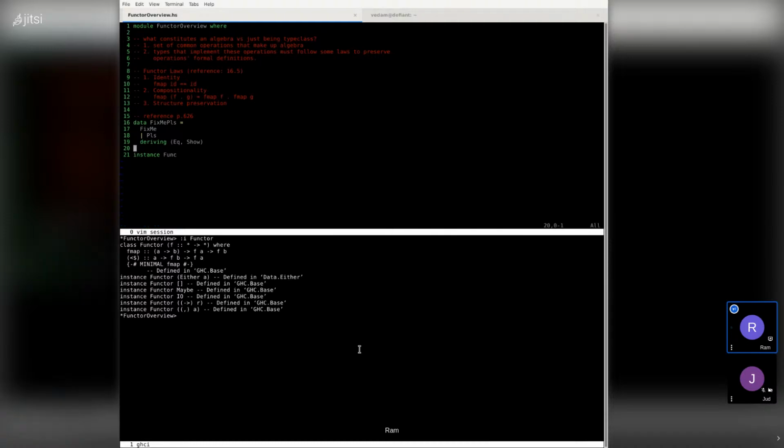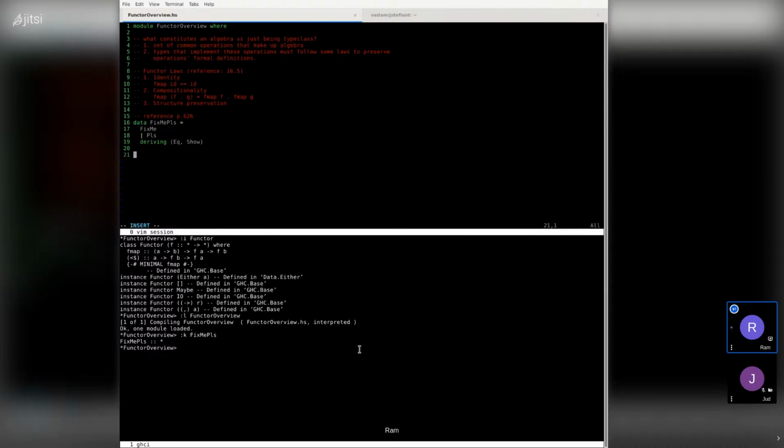So you can see here, if I just load this before we actually create the functor instance, and we do :info kind on FixMe Please, you can see that FixMe Please is a fully realized type.